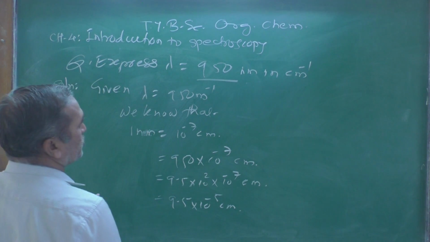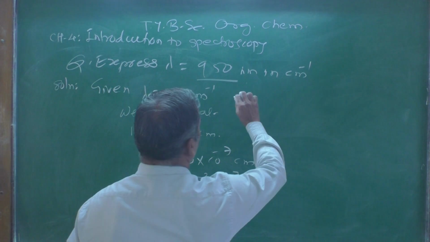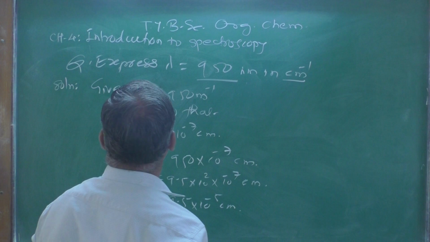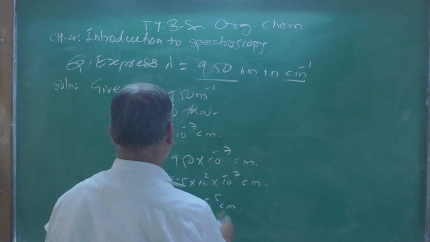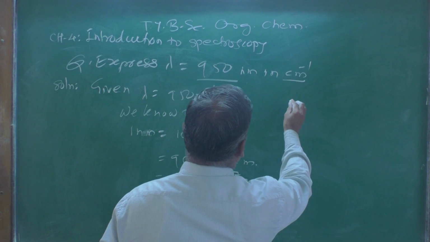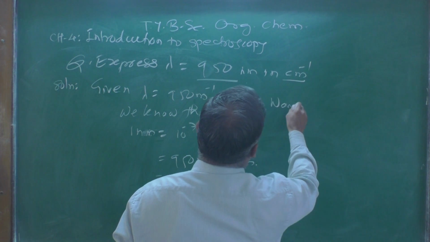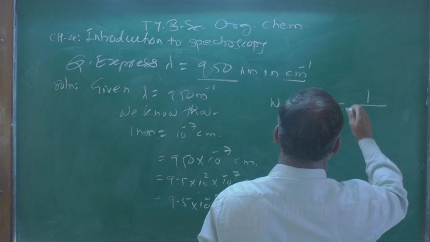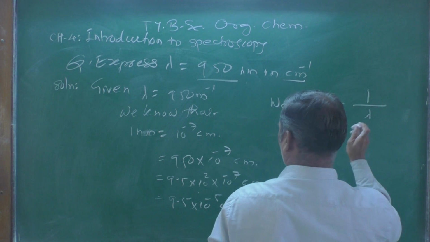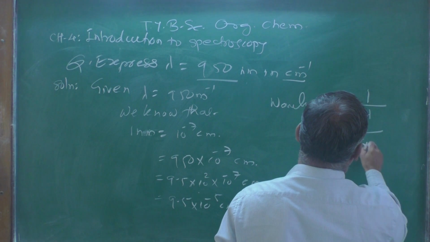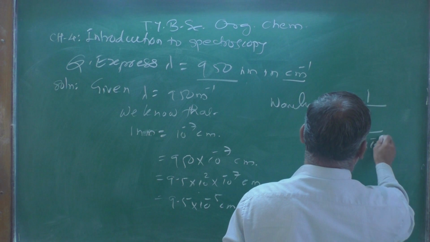But you have to calculate this as per centimeter. How do you do that? Let's see. As we know, this is the wavelength, and in per centimeter it means 1 divided by lambda. So put the value here: 9.5 into 10 raised to minus 5.